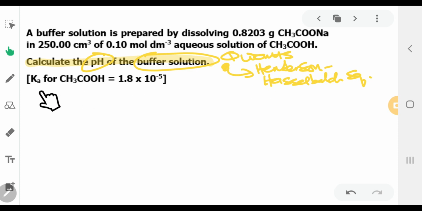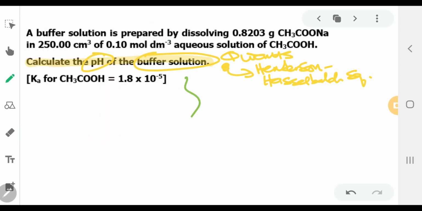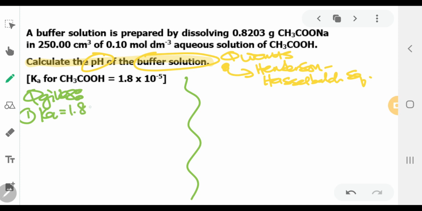We have the Ka value that is given to us right here, and we have more information given. We have the mass of the salt. The question gives, number one, the Ka value, which is 1.8 times 10 to the power of negative 5.